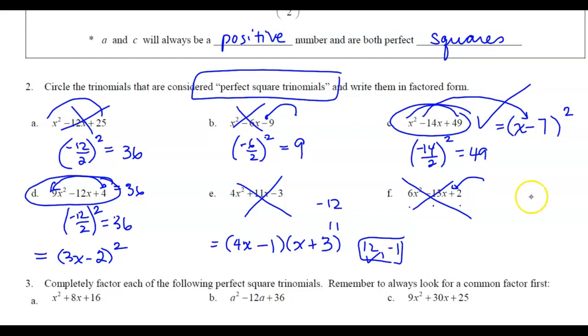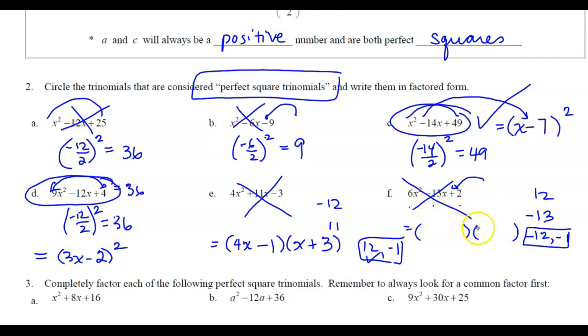This next one, two numbers that multiply to 12 and add to negative 13. Can you find two numbers for that? What about 12 and 1? Is 13, so negative 12 and negative 1. So when we factor this, again, it's not a perfect square trinomial, but we have to get these two numbers, so very similar to the last one, except they're both negative. And we have to get those from the outside and the inside.